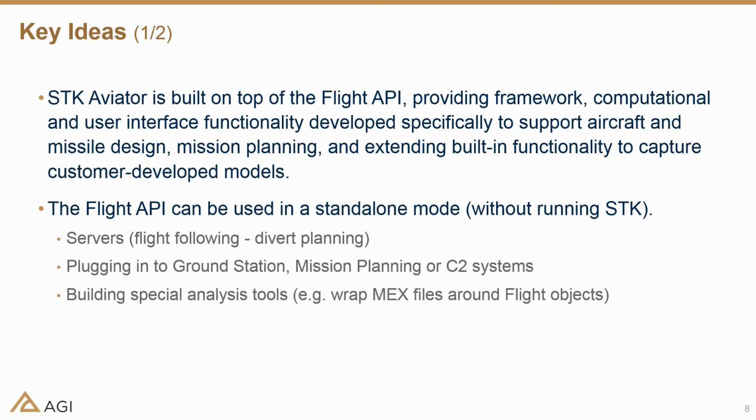You could build servers that are used within command and control systems that do divert planning or other kinds of things like that. You can take our building blocks and put MEX file wrappers around them so they operate within the MATLAB environment. All sorts of things that you can do.